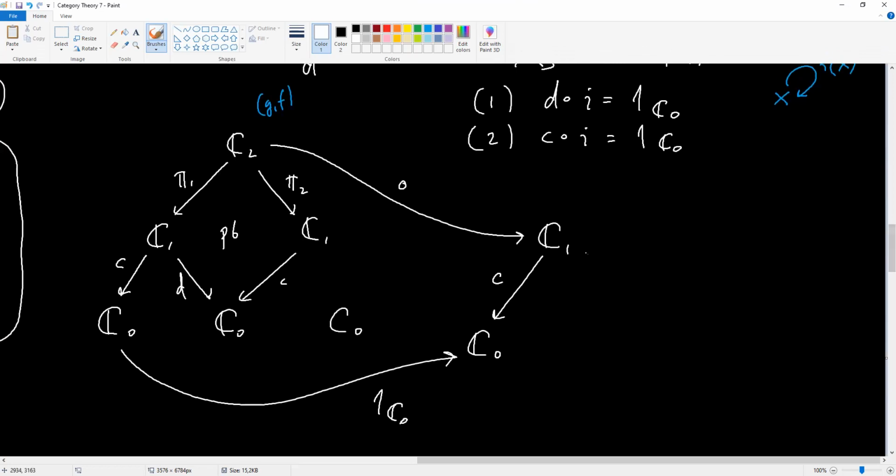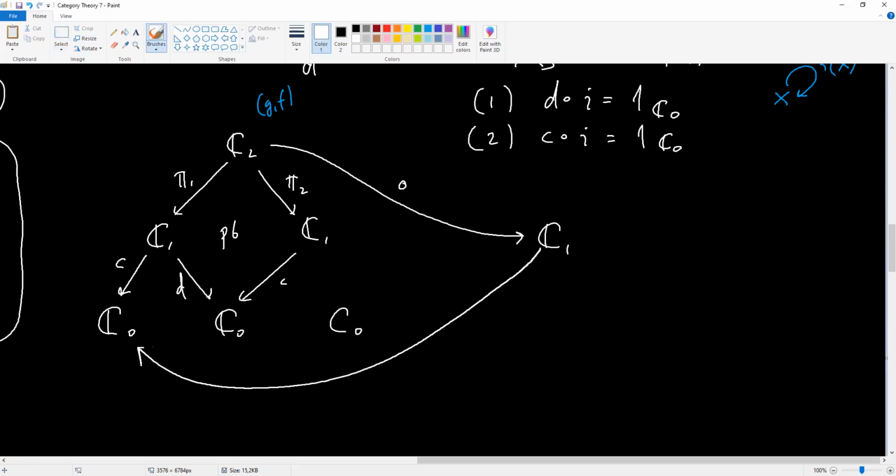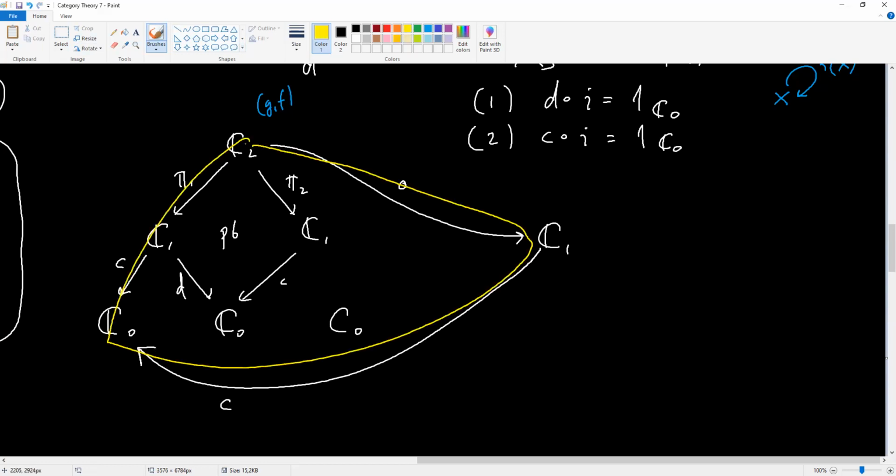And similarly, maybe instead of drawing identity here, I'd rather make it into a triangle. There we go. So now this diagram commutes.